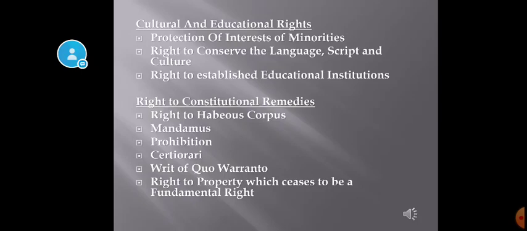Therefore, the 44th Amendment Act 1978 deleted the right to property from the list of fundamental rights. A new Article 300A was added to the Constitution, which provides that no person shall be deprived of his property save by authority of law. Thus, the right to property is no longer a fundamental right, though it is still a legal right. If the government acts unfairly, the action can be challenged in the court.